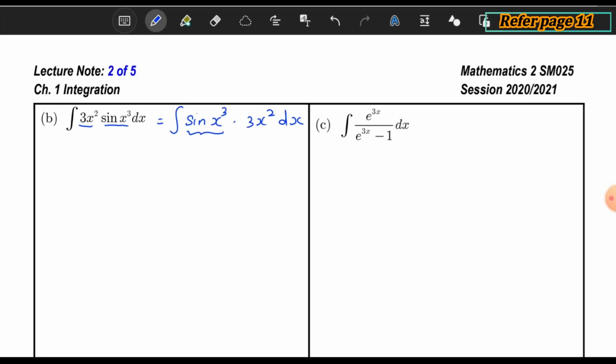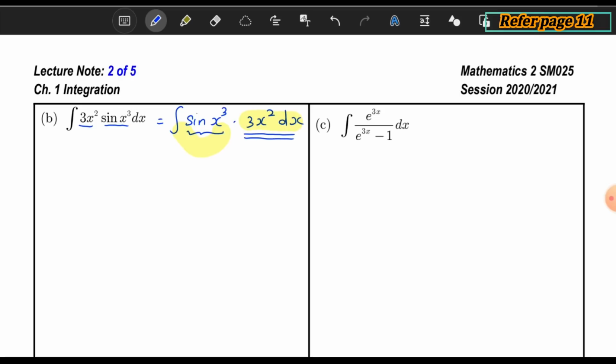Okay. Dan kalau awak perhatikan dekat sini, dekat belakang ni, we have 3x squared. Kalau kita ambil u, keseluruhan function u, and if we try to differentiate, we will get cos. Sedangkan function kita dekat belakang ni tiada sebutan cos.